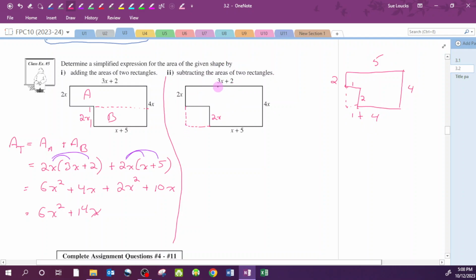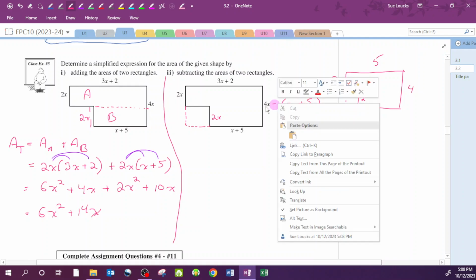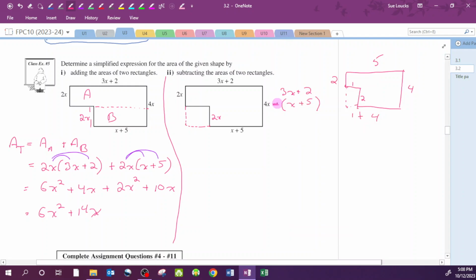So over here, I have to do 3x plus 2 minus x plus 5. And this is a good place to practice my vertical subtraction. So if you're ever doing the vertical subtraction, please, please, please, please put a big minus sign over here.